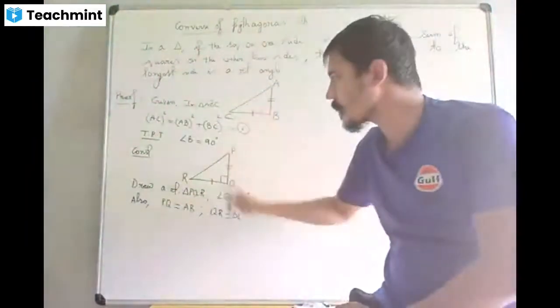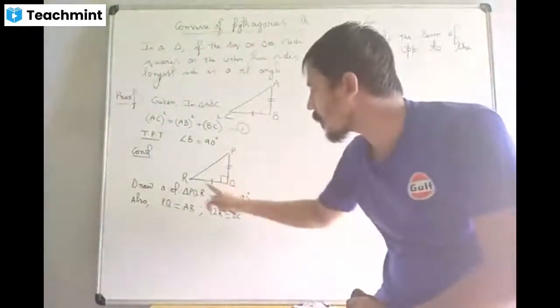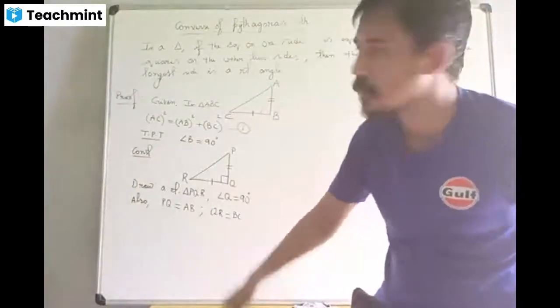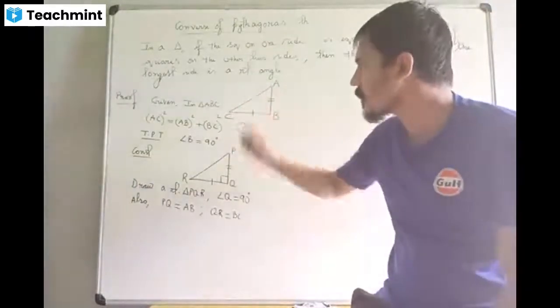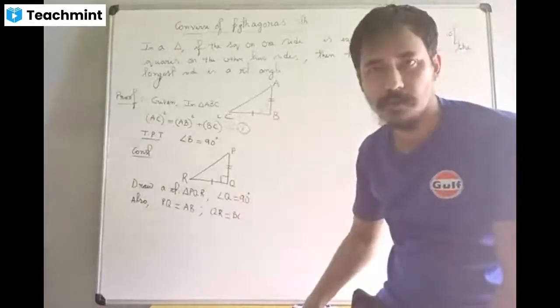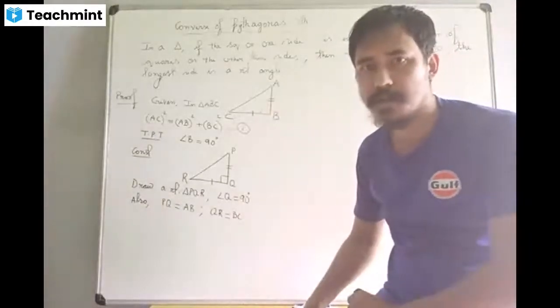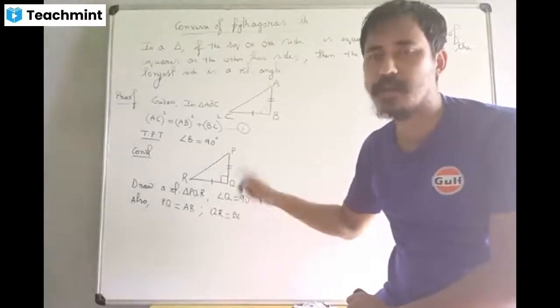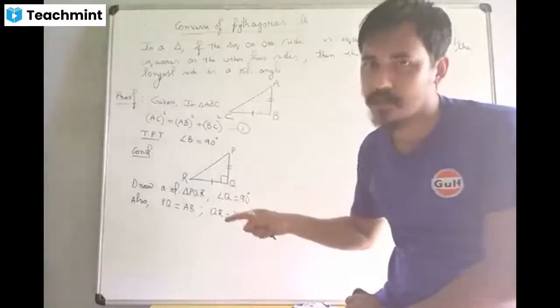Among the two triangles, PQR is the right triangle because we have constructed accordingly. Your ABC is a given triangle. We cannot say whether this is the right triangle or not. But in our construction, we make sure that we have drawn PQR in such a way that it is the right triangle, right? So correct.